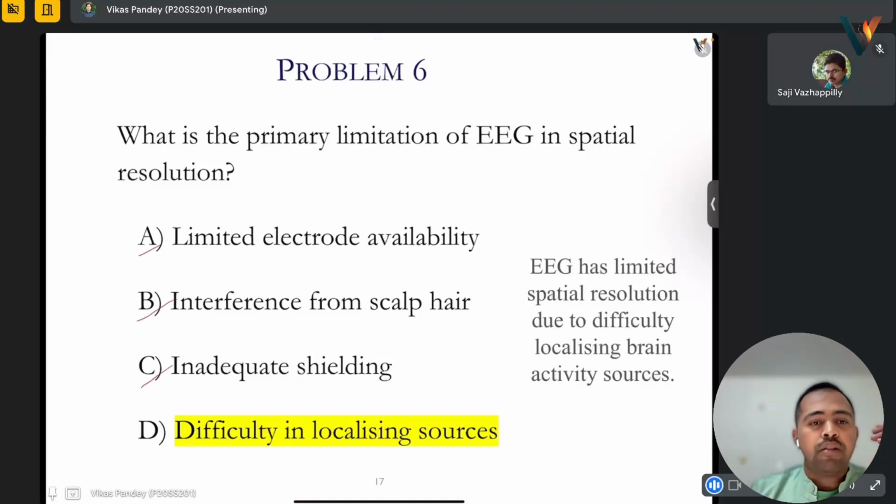But the main thing we are shifting from EEG is that it is very difficult to localize sources. We cannot go to specific areas. We will have to put electrodes throughout the brain, and then understand what part is having the problem. Then we will put them there, but that will not be fully localized.